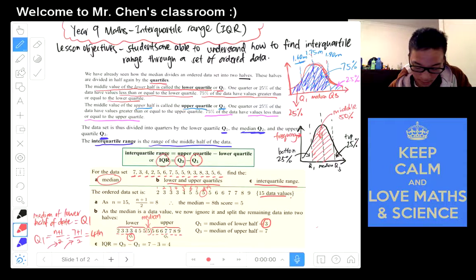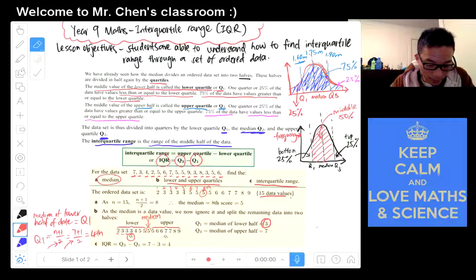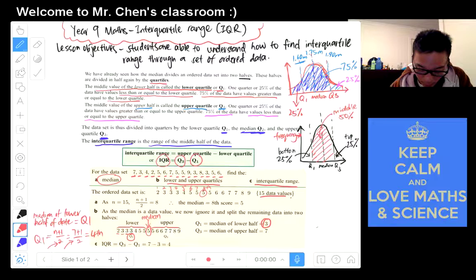If you see here, you start counting after the median. The median is right there, you don't count that one. You start from here: 1, 2, 3, and 4, which is 7. So from there you have successfully answered the B.